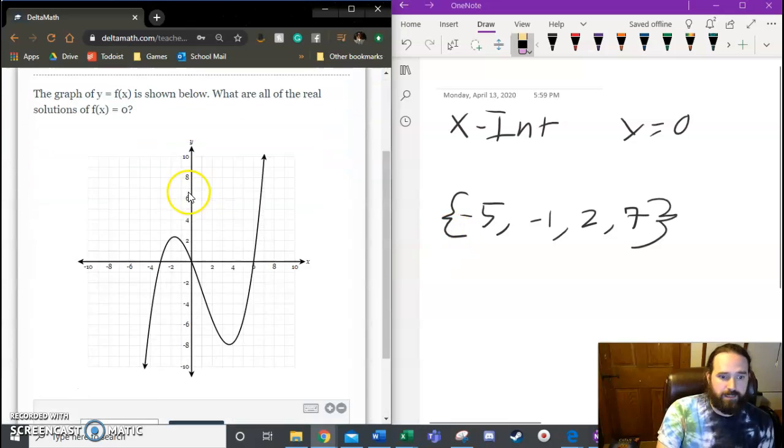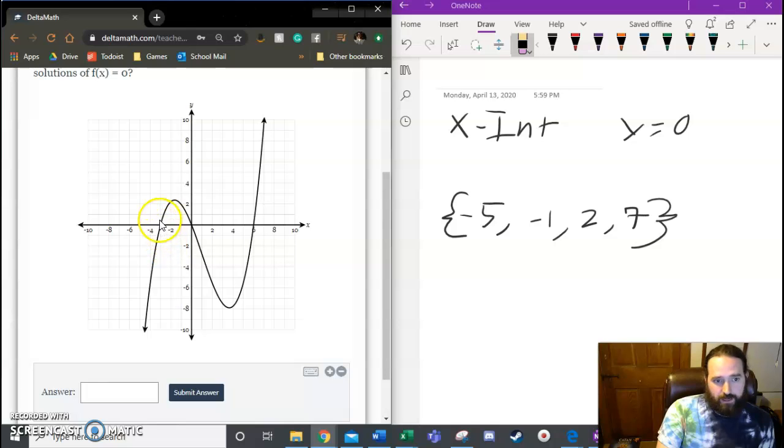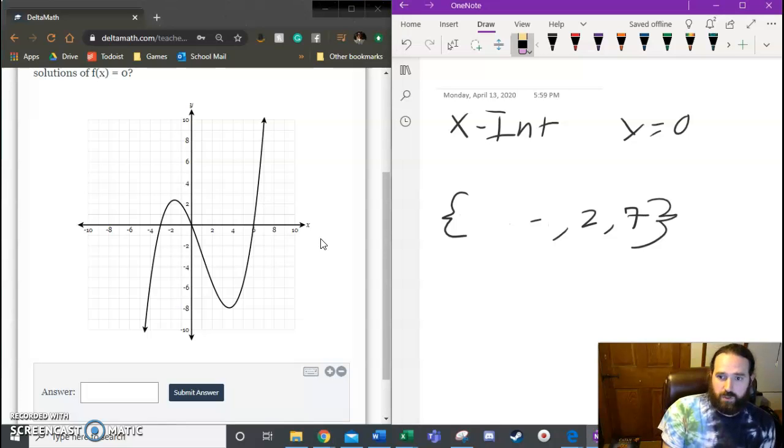New problem. All right, I look here, I've got 1, 2, 3 places this graph is crossing the axis. So I'm going to have 3 answers again, a little funky set. The first place is over here at -3.